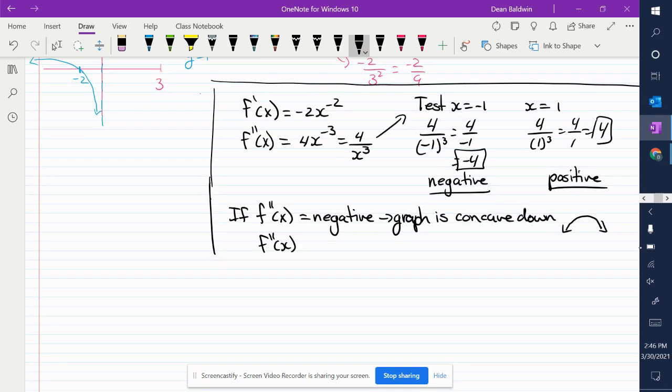If f double prime of x is positive, concave up.